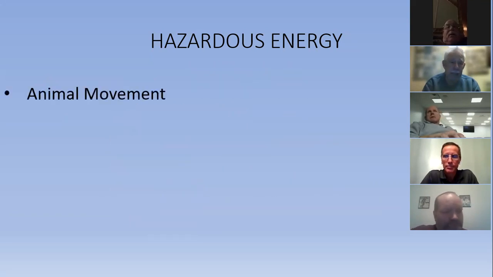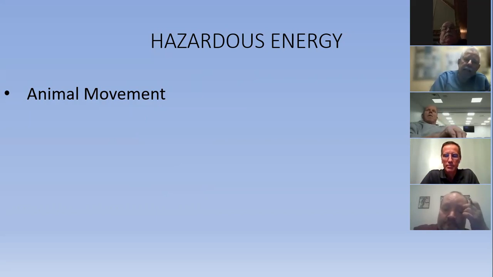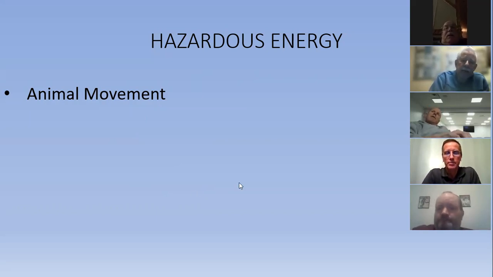Yeah, another hazardous energy is animal movement, right? If there's any kind of a brush fire, you got some animals taking off, deer, moose and things like that running around. It's good to remind the people that are fighting these brush fires that they could get some animals darting around and knock them over.